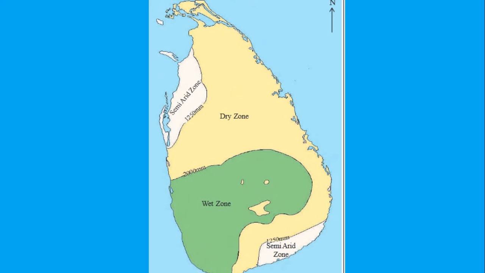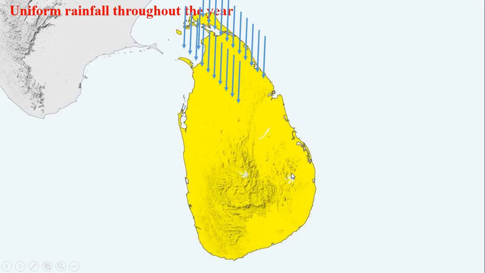So after analyzing the data, we can see three climatic zones in Sri Lanka: wet zone, dry zone and semi-arid zone. The special thing that you must remember is these zones are demarcated according to the rainfall that each zone receives.